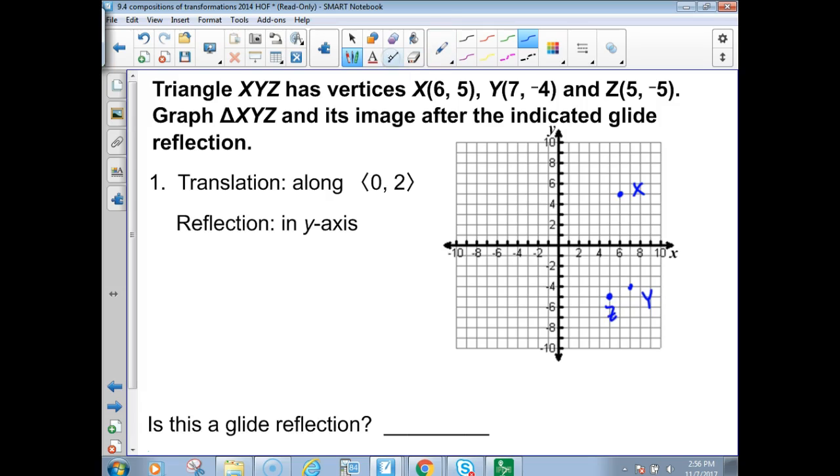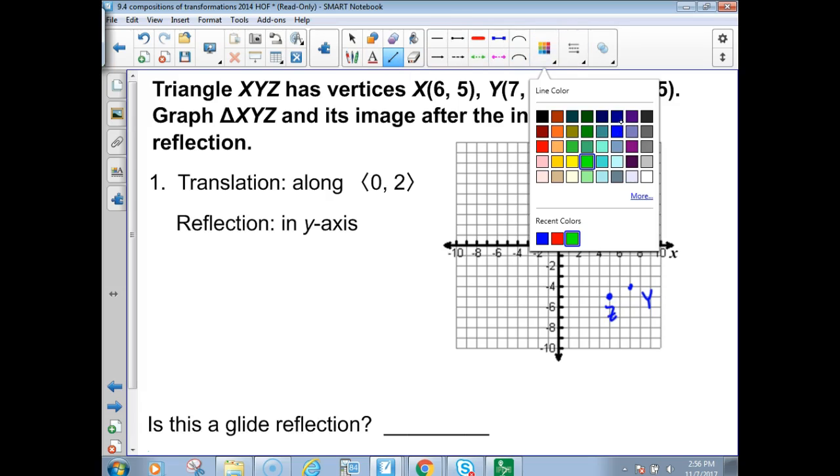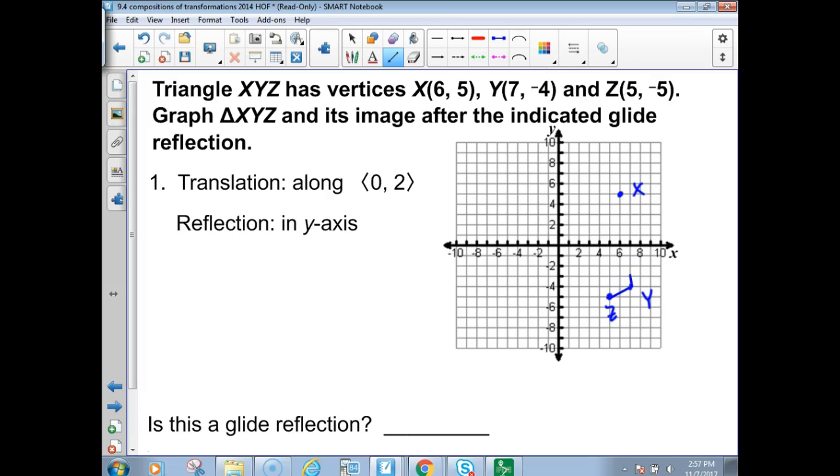Okay. We're going to draw the figure first. And then I'm going to do a different color, its image after the indicated glide reflection.